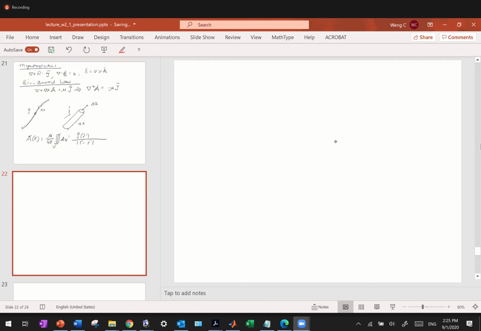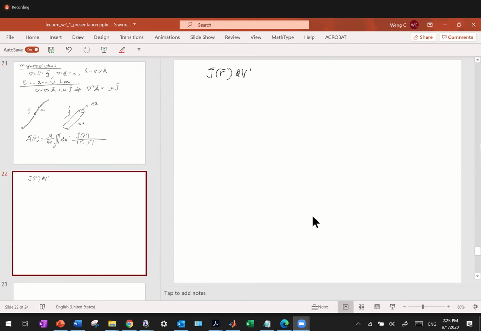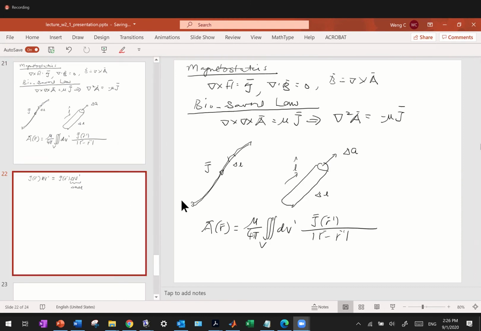We are going to write the current element J of r prime dv prime, which is part of this integrand, as J of r prime delta v prime. And we can say that delta v prime is going to be written as delta A times delta L from a previous picture.